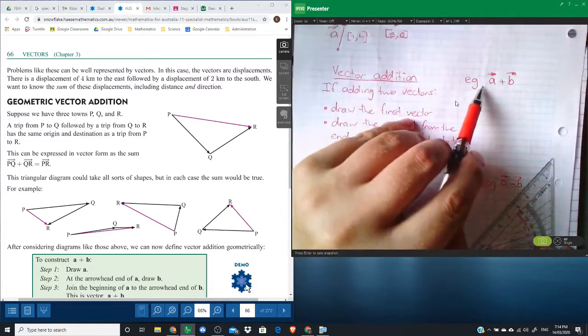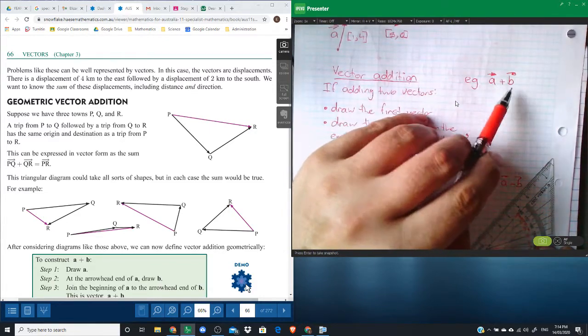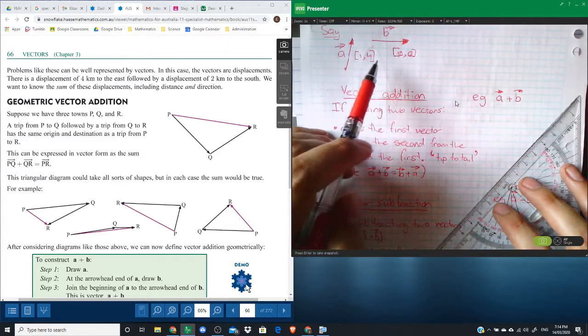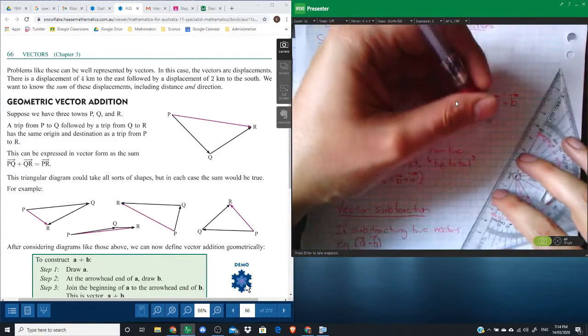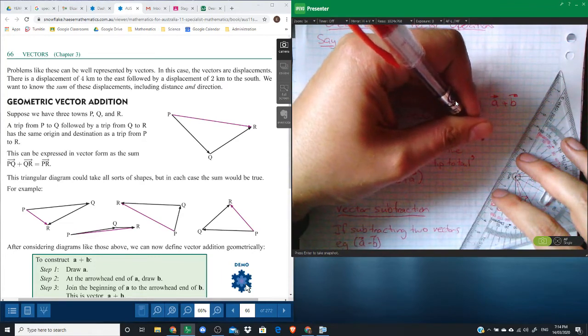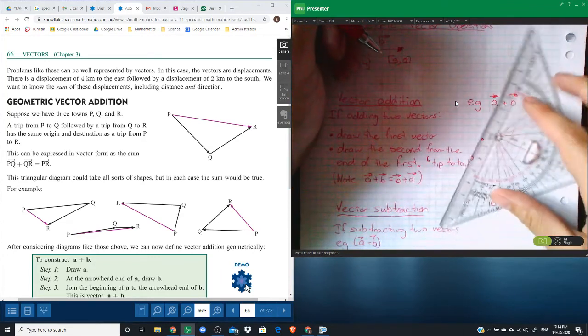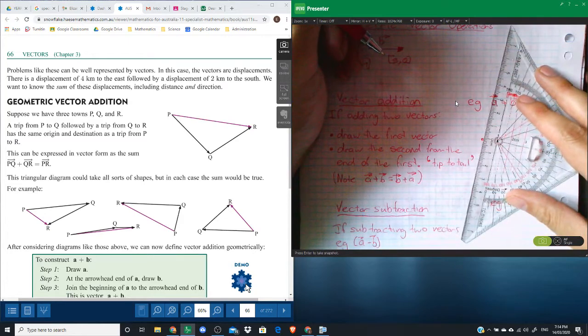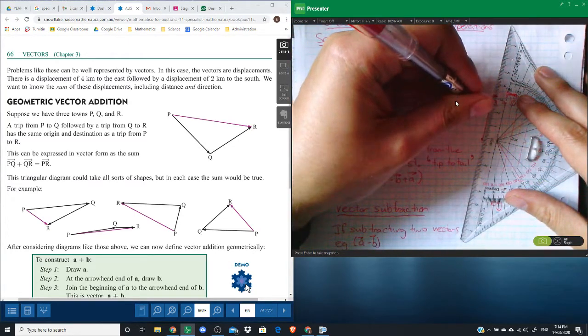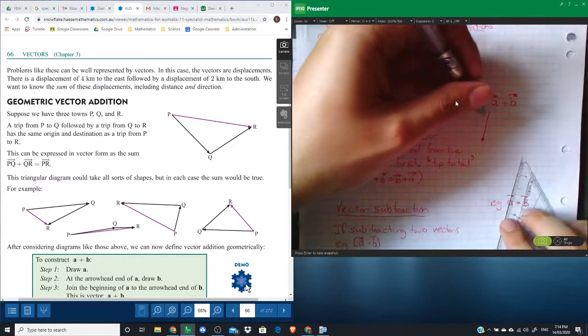If I was to add these two vectors, A and B, well, my first vector was 1 to the right and 4 up. So I pick a point to start, actually I'll pick there. If I draw a vector that's 1 to the right and 4 up, it will look something like this. It's a little bit longer than it should be.